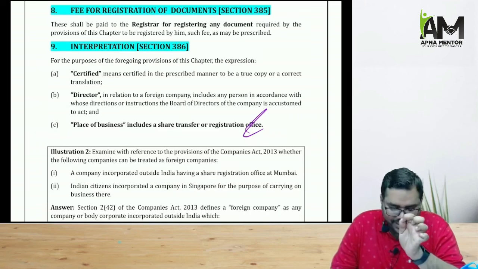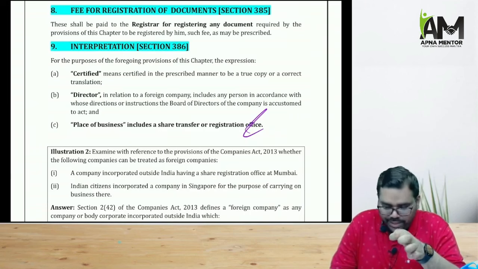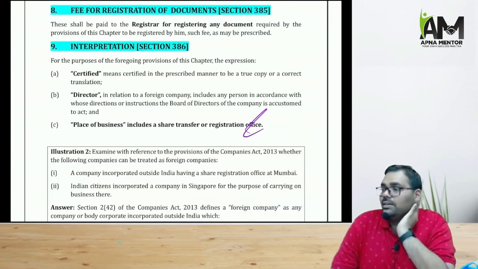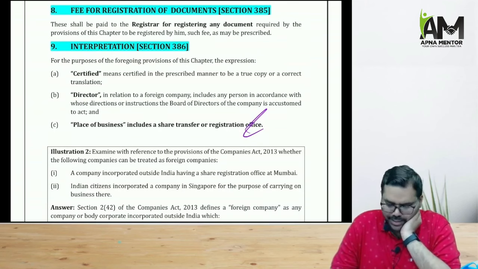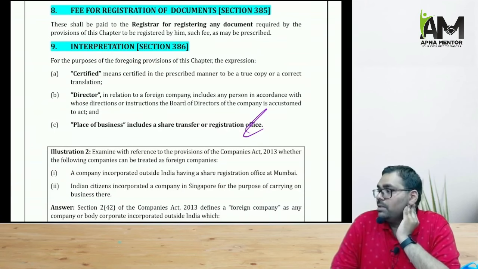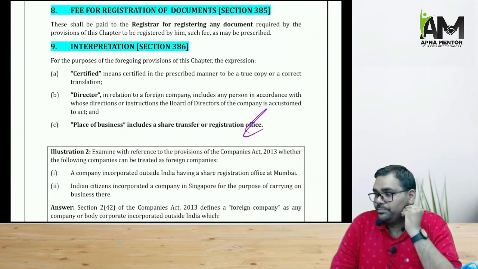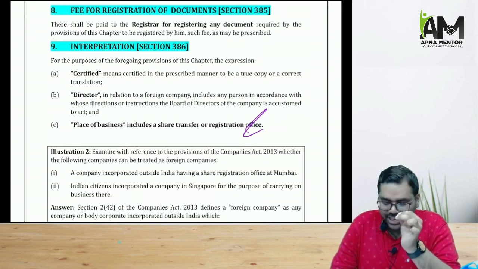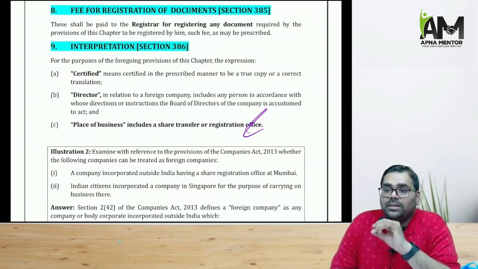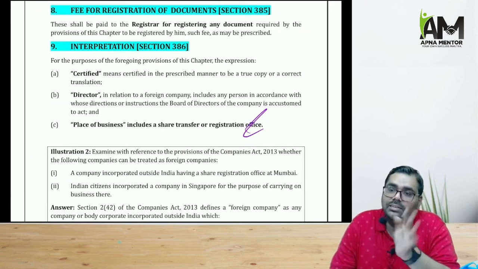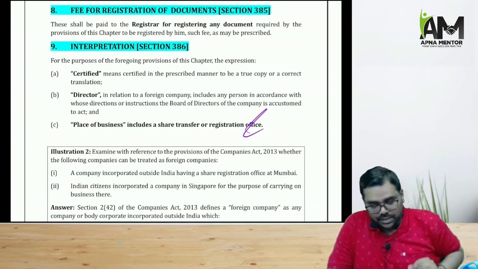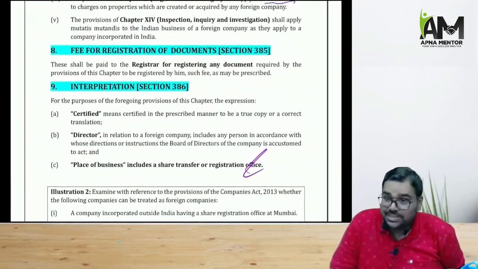So they have clarified that even if the foreign company has only a share transfer office in India, that will be regarded as the place of business. So in the exam, if they ask that the foreign company is not carrying out any business in India, but has a share transfer office in India, even that will be regarded as the place of business.